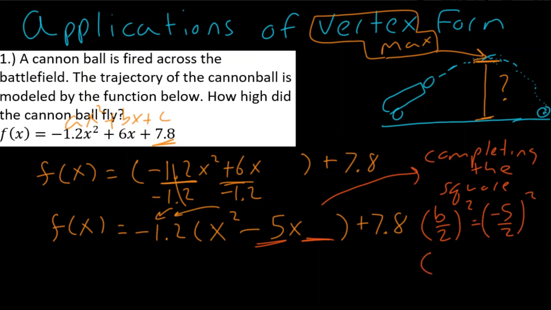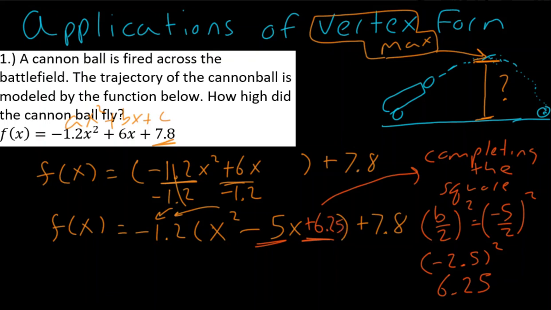And negative 5 over 2, I think it would be best if you wrote this as a decimal. So we'll write negative 2.5 squared. Well, if you were to do negative 2.5 times negative 2.5 in your calculator, what you're going to get is a positive 6.25. So we're going to add plus 6.25 as our perfect constant.